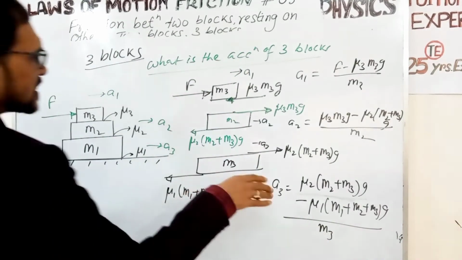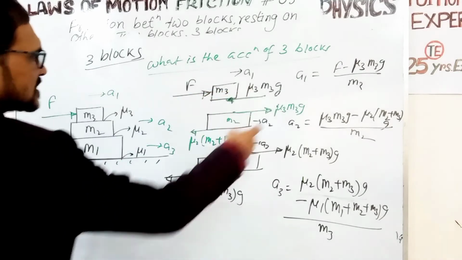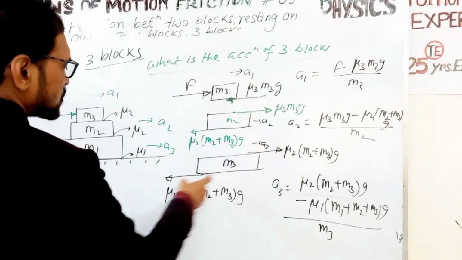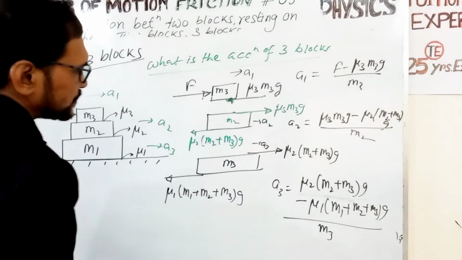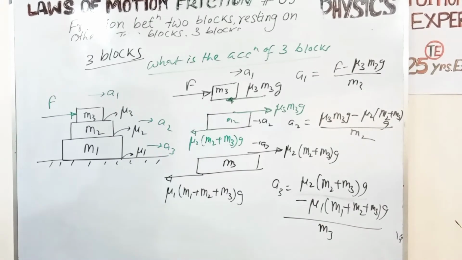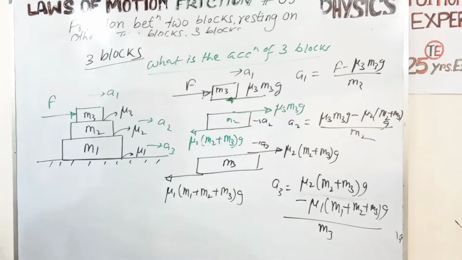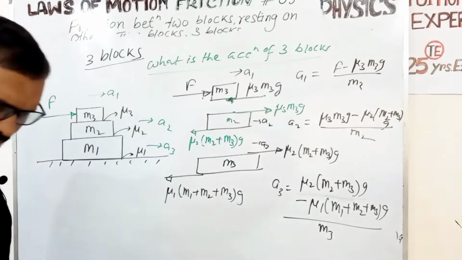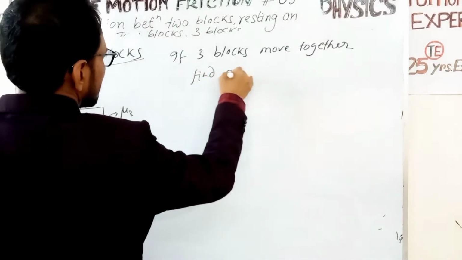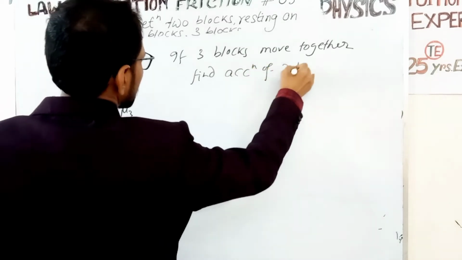So to accelerate, this force must be greater than this, and this force must be greater than this. Now consider, suppose 3 blocks move together. What is the case? If the 3 blocks move together, then find the acceleration of the 3 blocks.